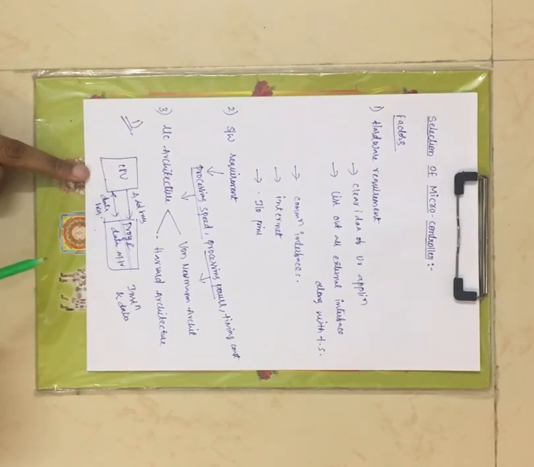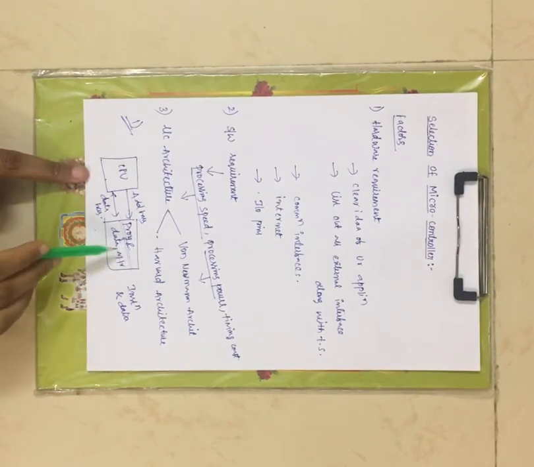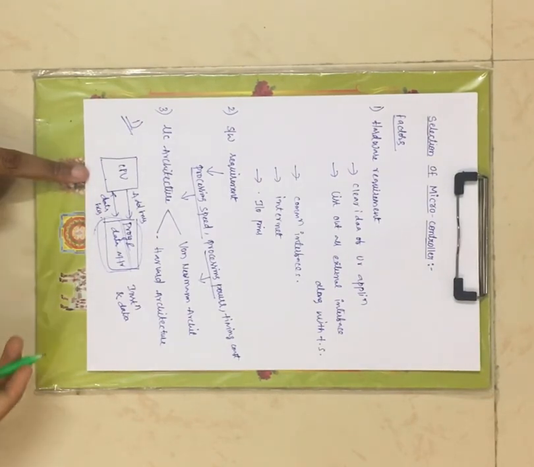Because of this architecture, the data transfer and instruction fetching can't be performed at the same time. That is the disadvantage. Because the program and the data are stored in the same memory, you can't fetch the instruction and the data at the same time.